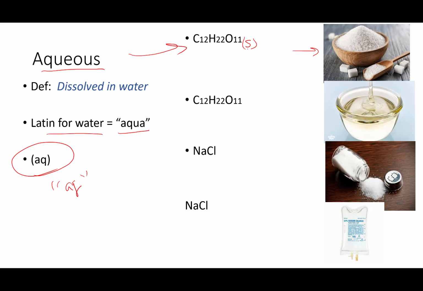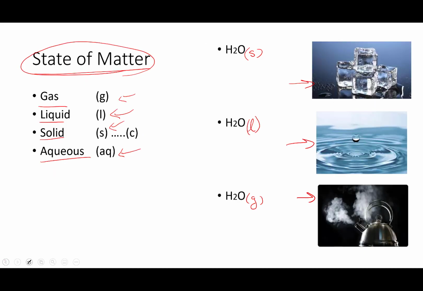Now, you may have noticed on the previous page, besides the s, I had a little c. Now, you might have said, Mary, what's the c for? An older way of indicating solid was to use a c to stand for a crystalline compound.